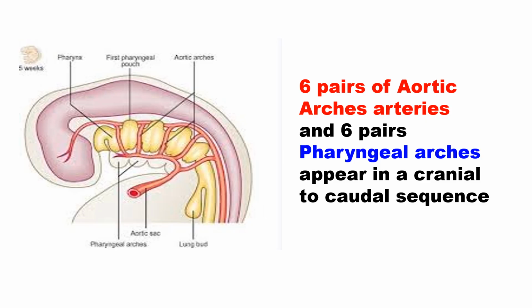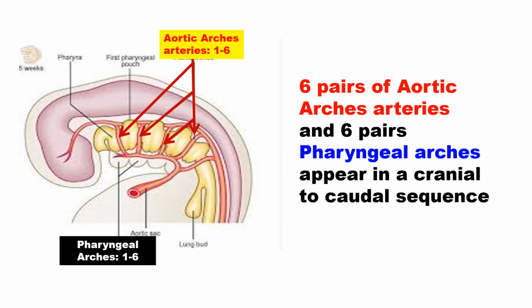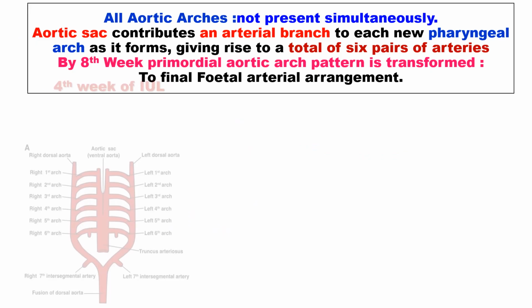Six pairs of aortic arch arteries, and we also have six pairs of pharyngeal arches which are numbered in craniocaudal sequence.